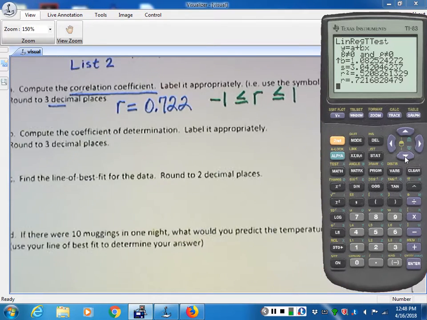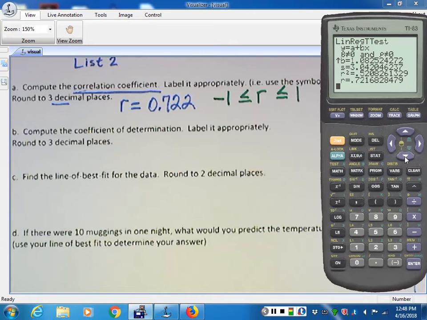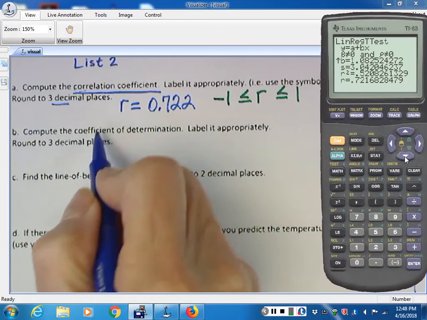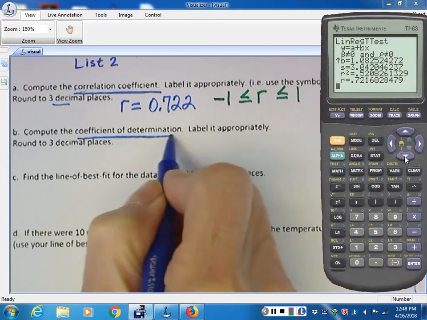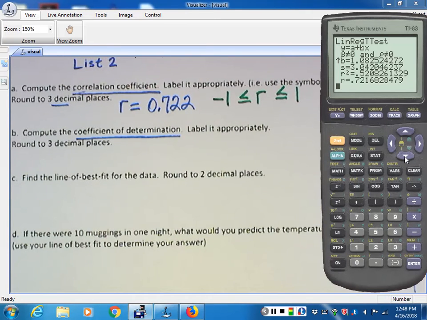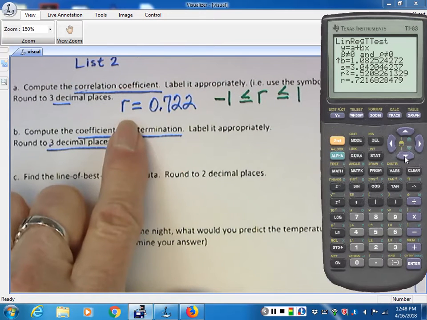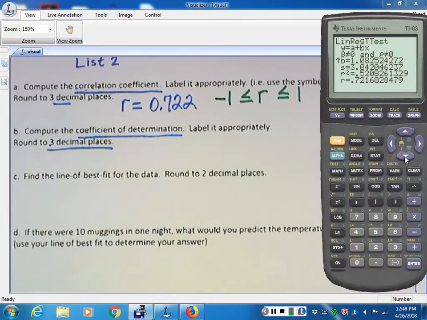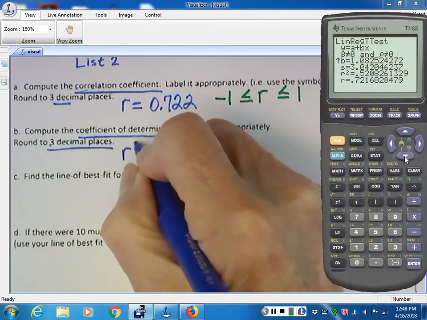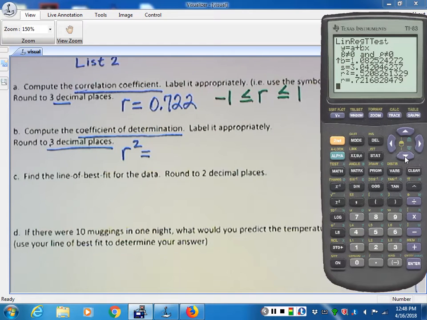The next question says compute the coefficient of determination. The coefficient of determination is literally the value of R squared. And we don't have to square it because your calculator's already squared it for you.